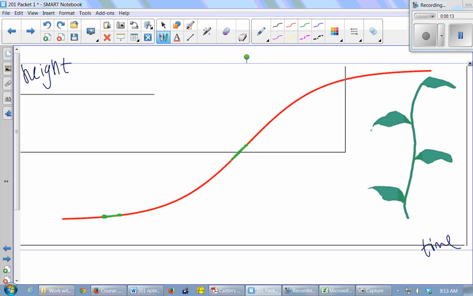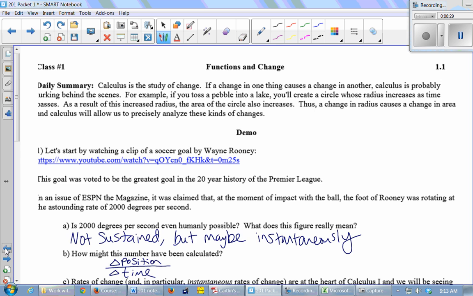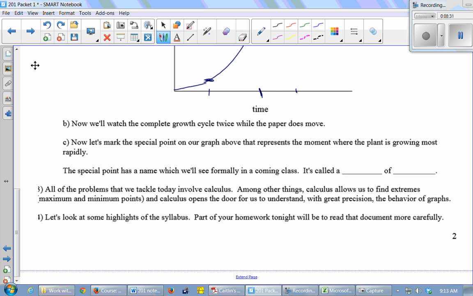So the steepness here indicates the fastest rate of change. And after this moment, it starts to get less steep again. This special point has a name we'll see formally in a coming class. It's called a point of inflection, the point where it goes from curving upwards to curving downwards.